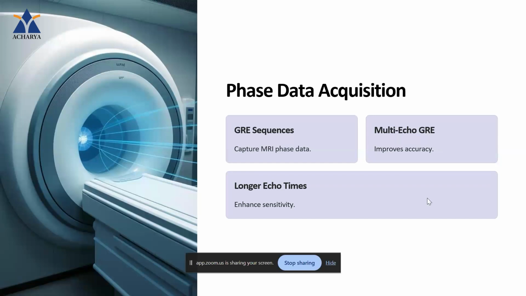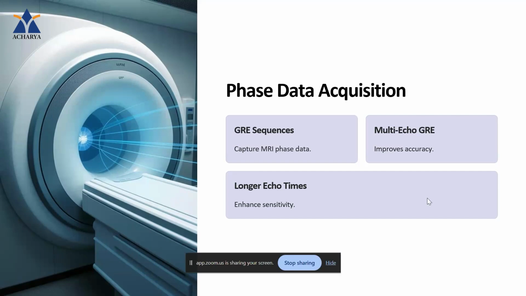Moving on to phase data acquisition, the first step in the workflow of QSM. Under this, how are we acquiring the phase data for QSM imaging? Here we are using gradient echo sequences in MRI.